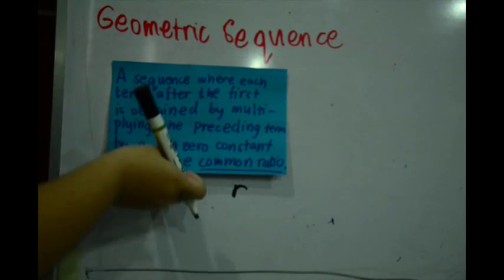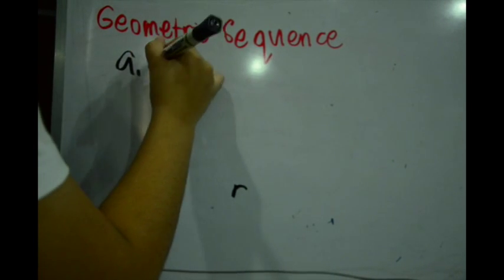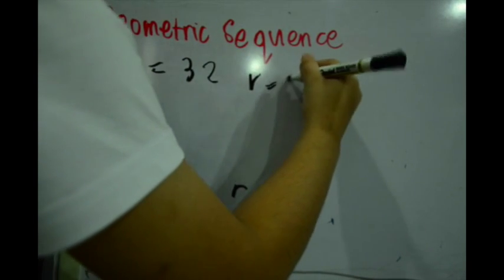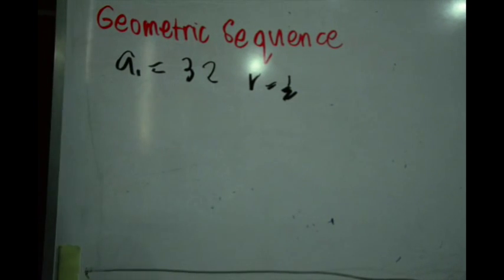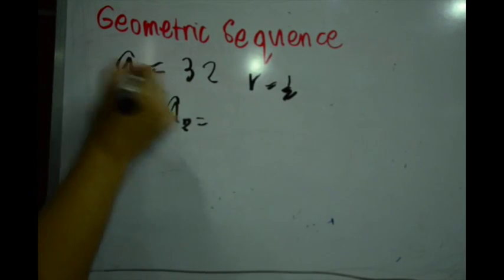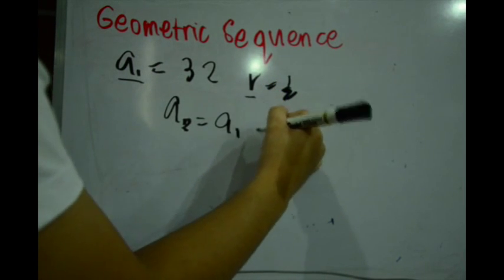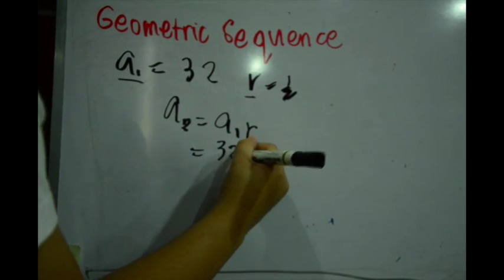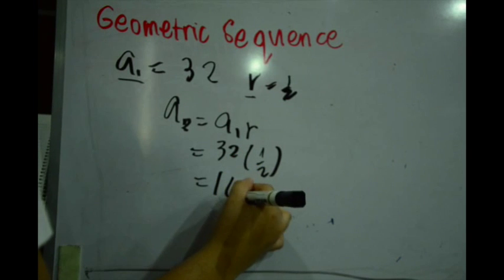Now, suppose you have a sub 1 is equal to 32 and our ratio is equal to 1/2. Now, we can get a sub 2 by multiplying the first term, which is the preceding term, times the ratio, which is 1/2. Since our a sub 1 is 32, we multiply it by 1/2, we will get 16.